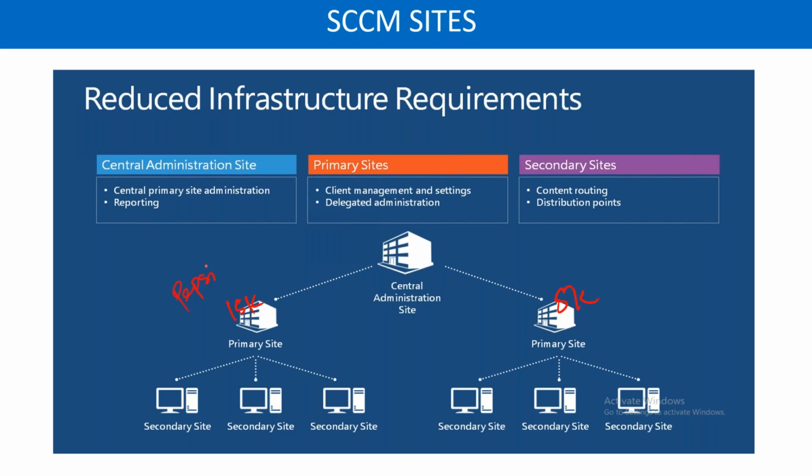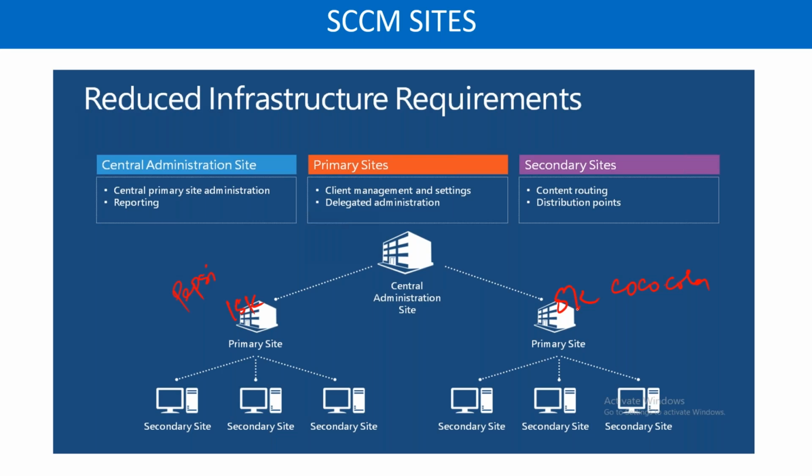Now Pepsi purchased another company called Coca-Cola. Coca-Cola also has a primary site which is managing 5,000 devices. Now the management does not want those devices to be managed from one primary site.